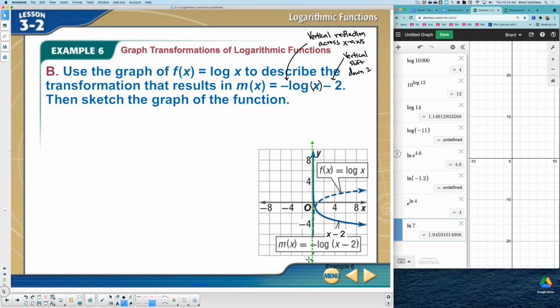It did not shift it left or right. This is still x equals 0 asymptote. And I forgot to tell you, originally it was growth. This, because the negative becomes decay. This one does not go through the point 1, 0. Instead, it goes through the point 1, -2. This is counting by 2s. That's the point 1, -2. It got shifted down 2.